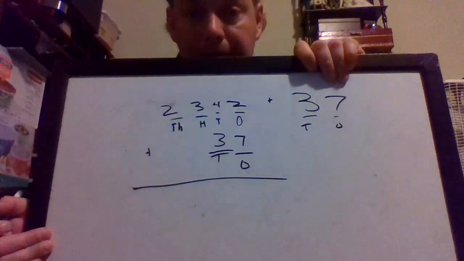So we're going to line up the tens places, which is 3 and 4. And we're going to line up the ones places, which is 7 and 2. And now, this is what we have.